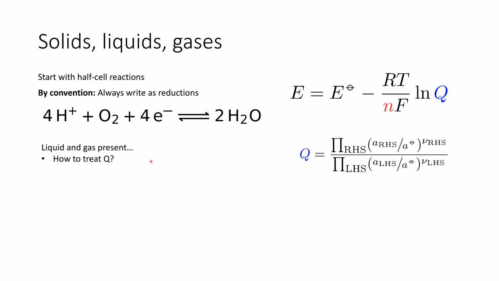The activity can be taken as unity because it is the solvent, and the activity doesn't change significantly as part of the reaction. So because it's not changing, we can accept it cancels out as 1. For the gas, we want to consider the partial pressure, so the partial pressure of oxygen.